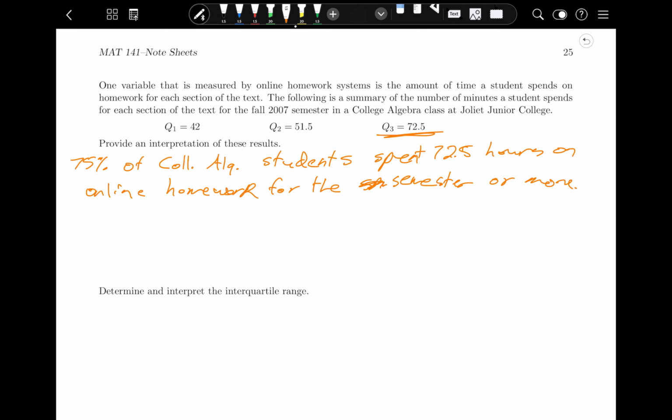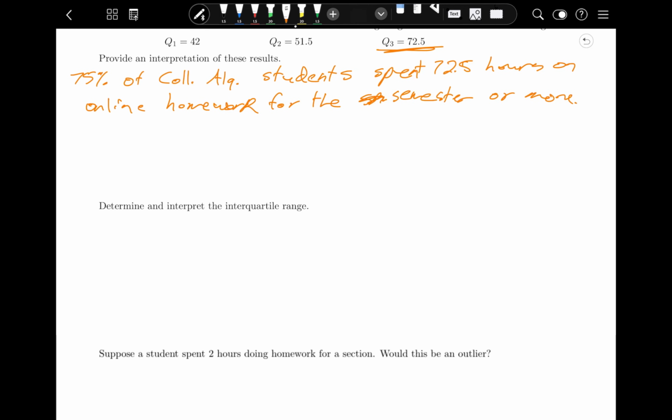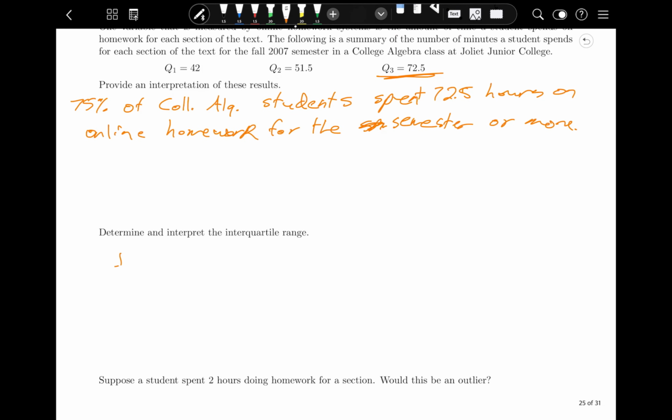Okay, so they spent a minimum of that, that's 75%. Or we could flip it around so that it's 25%, and then it would be or less. Okay, then it says determine and interpret the interquartile range. So the IQR in this case would be 72.5 minus 42, which is 30.5.